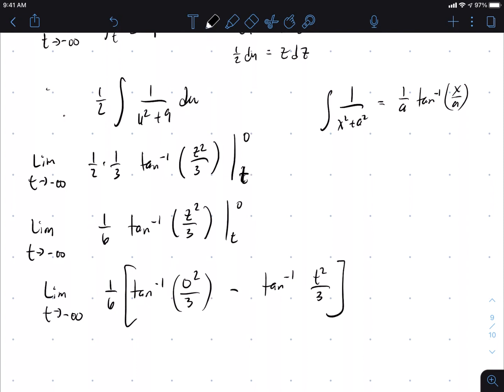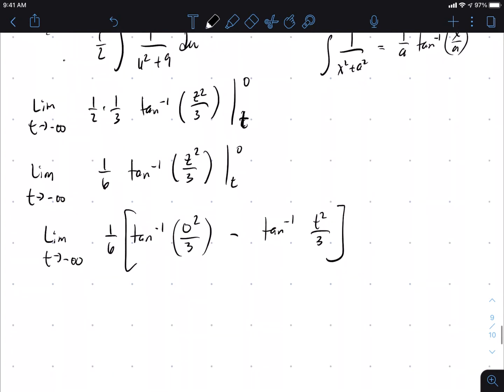Okay. What is tan inverse of 0? It's 0. So we'll get 1/6 times 0 minus my tan inverse of t squared over 3.